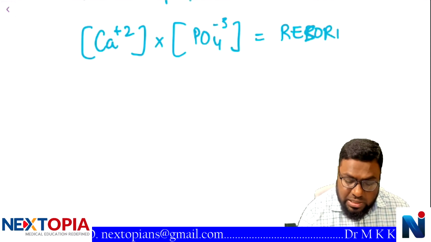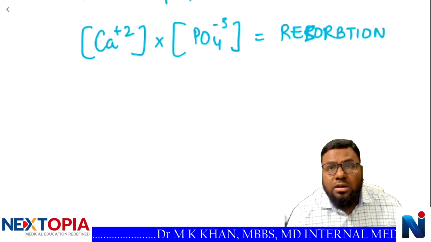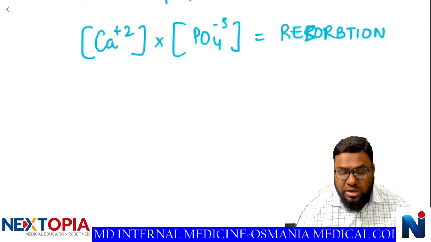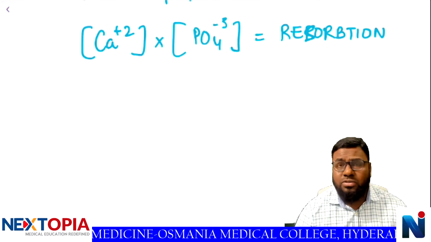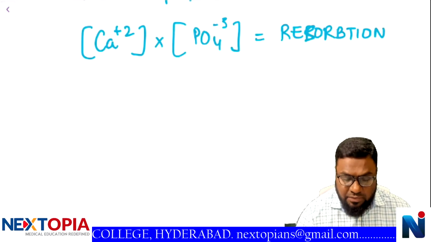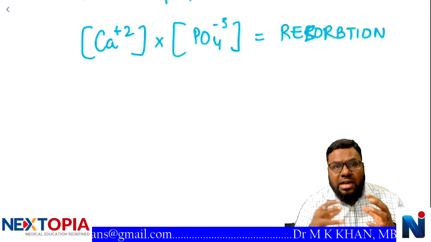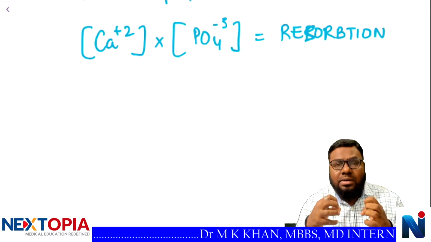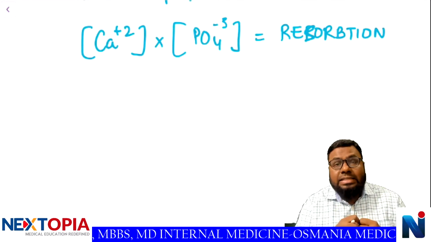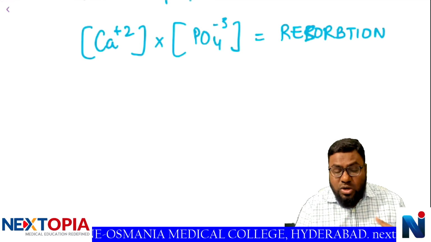See, this concept is very, very important to understand the physiology of osteoclast and osteoblast. I'll be discussing bone remodeling shortly from now. But this concept, if you don't understand, you will not understand the next step. So please remember this point. Whenever the calcium and phosphate are unable to intermingle with each other, the solubility product is less. So the body thinks that calcium and phosphate levels are low and resorption starts.